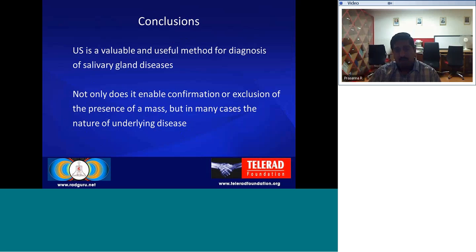It not only helps us to confirm that there is a lesion, but in the majority of cases it also helps us to say what kind of lesion, or at least to differentiate whether it's a benign, malignant or inflammatory lesion. So for primary characterization, definitely ultrasound is a valuable tool.